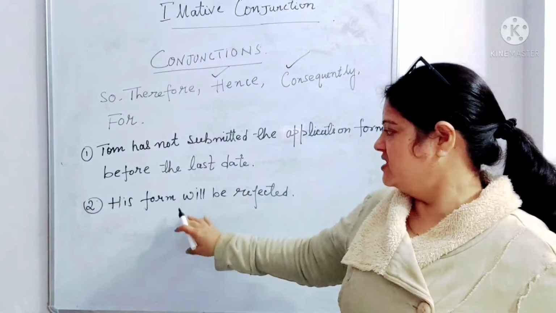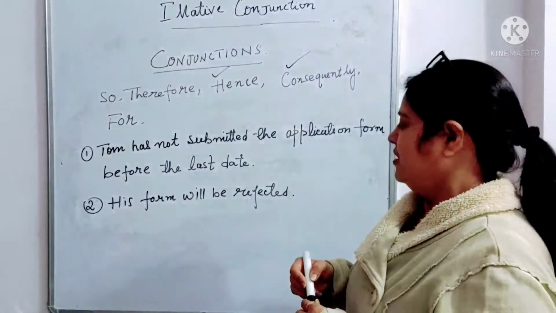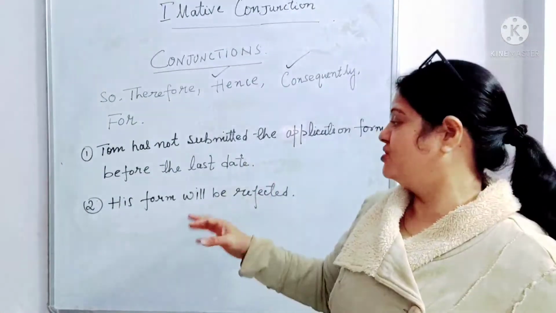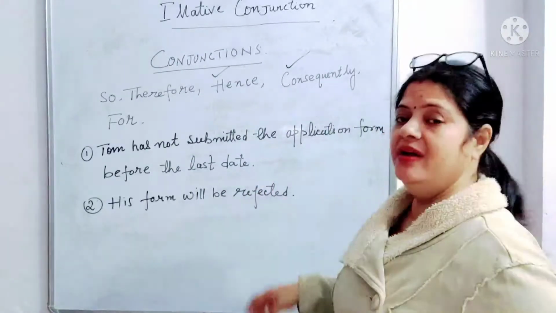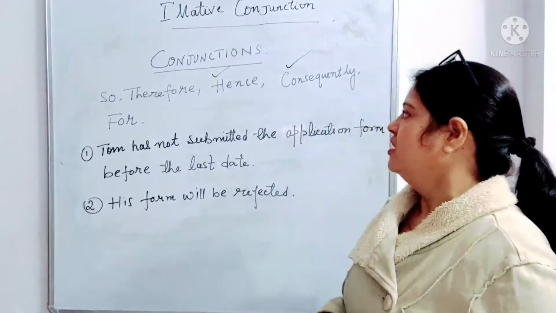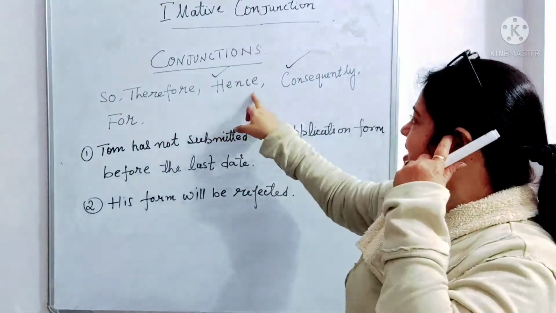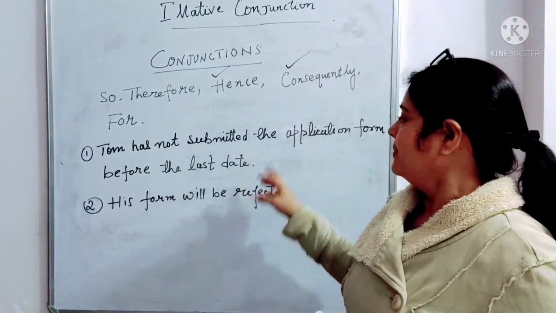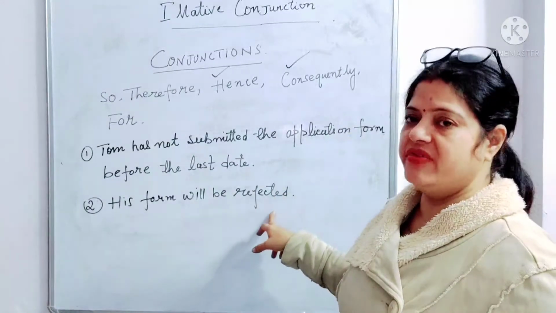Second sentence, his form will be rejected. Since he has applied after the last date, there are possibilities that his form will be rejected. So we can use these conjunctions so, therefore, hence, consequently here, because this sentence is showing the reason and this is showing the result.